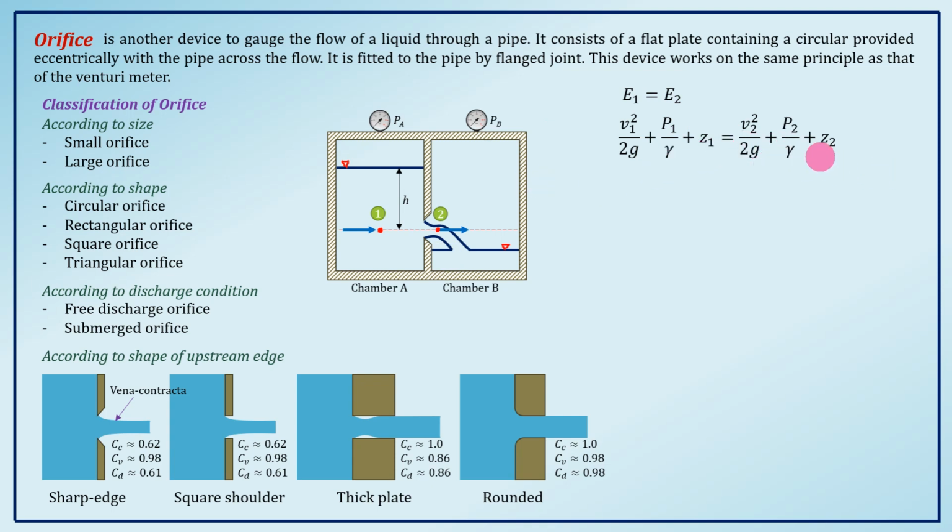Let's investigate the variables here: V1, P1, Z1, V2, P2, and Z2. V1 would be the velocity experienced at chamber A, so let's say that is VA. So we have VA squared over 2g. Now for P1, what pressure do we experience at this point 1?